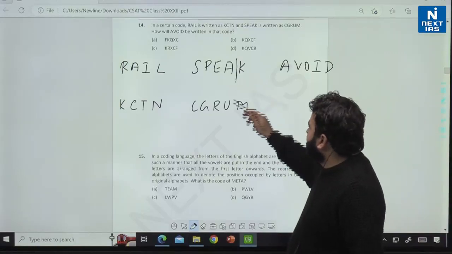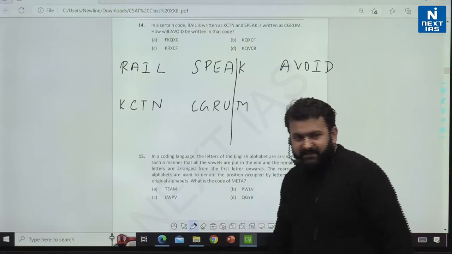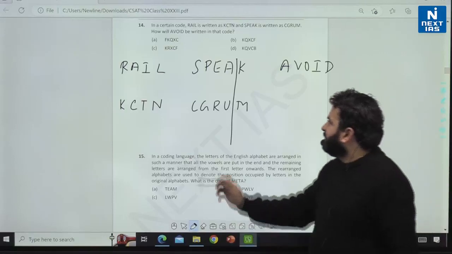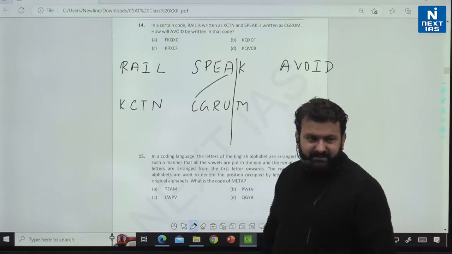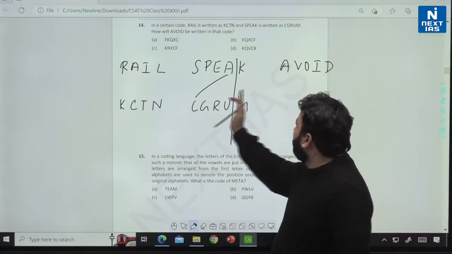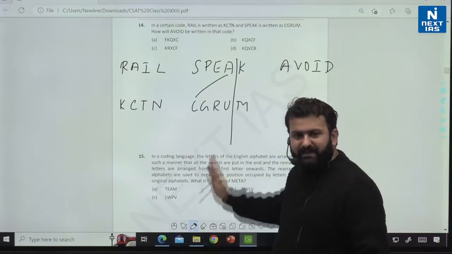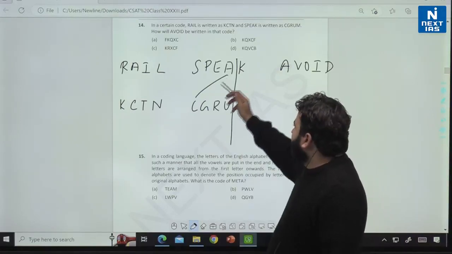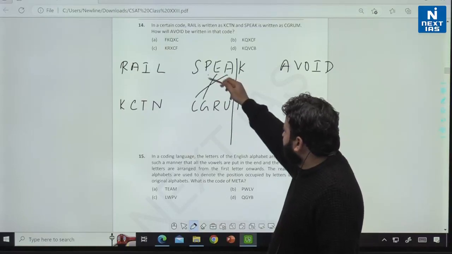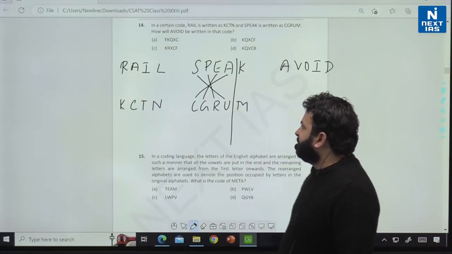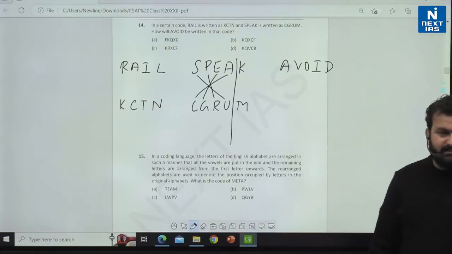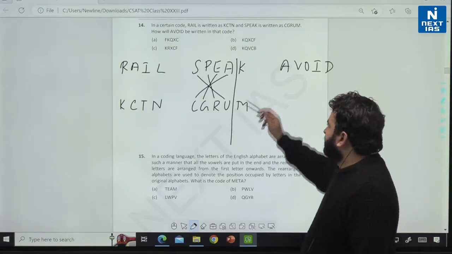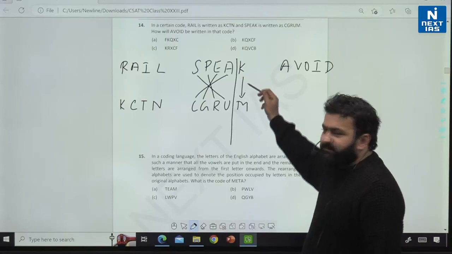Now here in this case, these 4 letters, A B C. This is a 5 letter word and this is a 5 letter word, so you can make this one as a kind of base. A B C, E F G, P Q R, S T U. And K is replaced by LM.